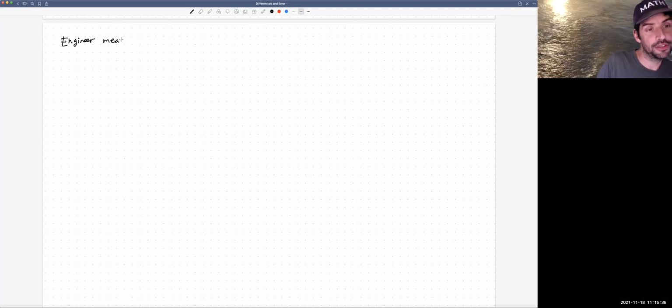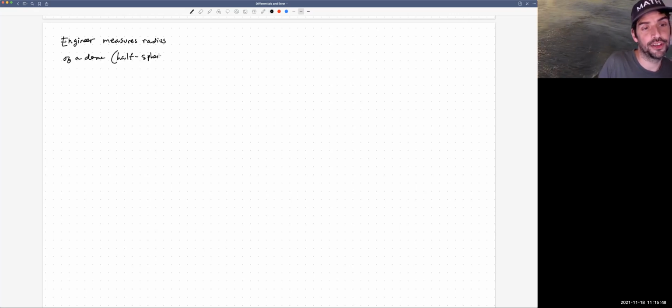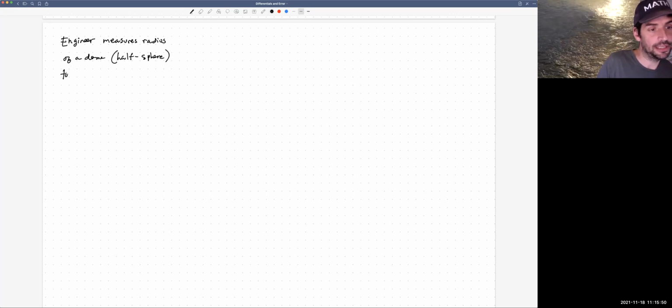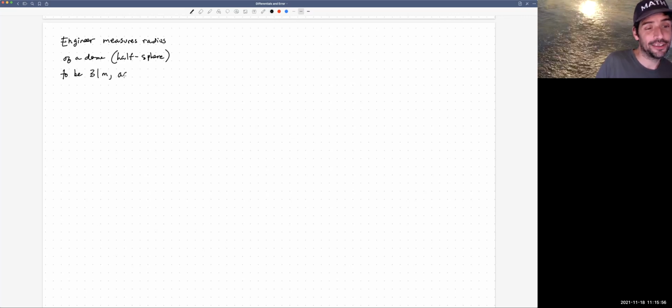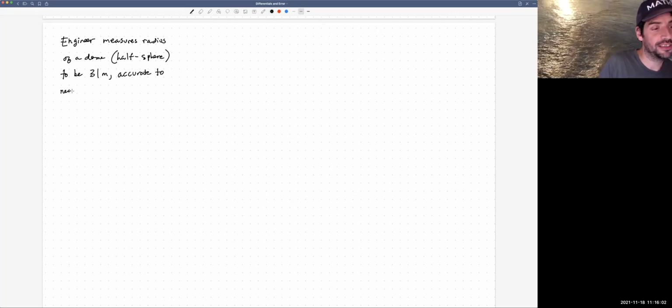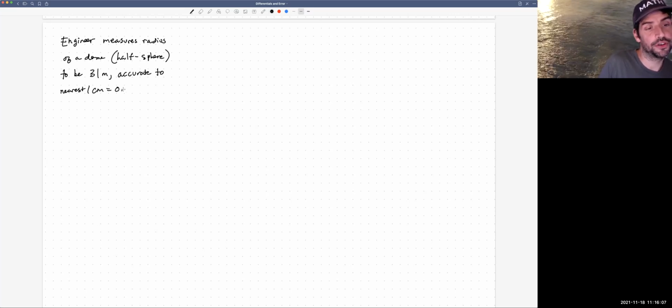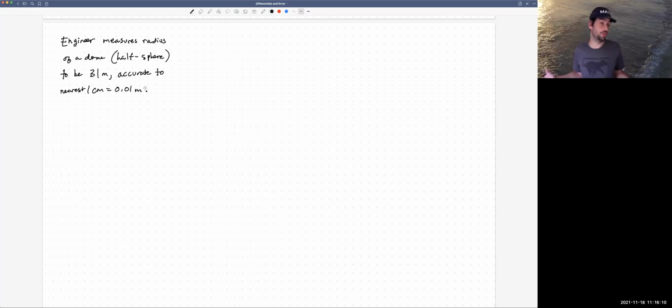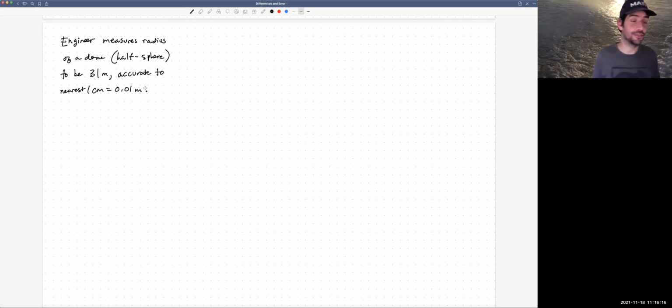And they measure the radius of the dome, and here this is a half sphere, so precisely half of a sphere, to be 31 meters, accurate to the nearest centimeter, or 0.01 meters. So they have a tool, maybe some kind of laser sight or something like that, and they know that this thing is going to be accurate down to the centimeter.